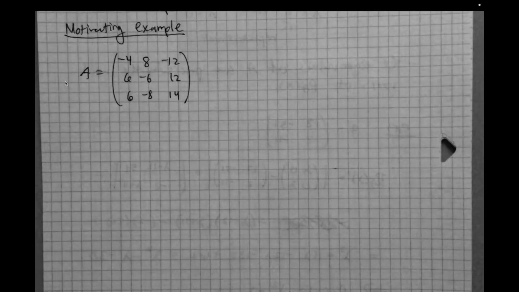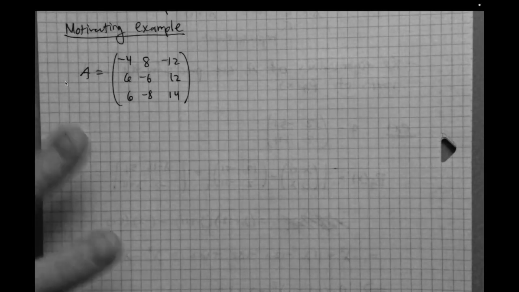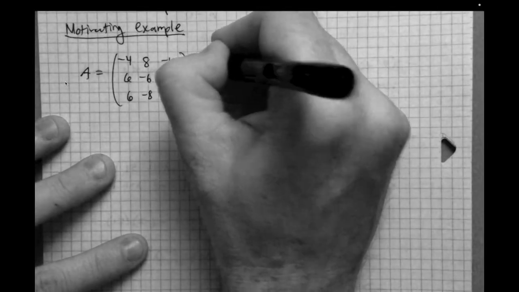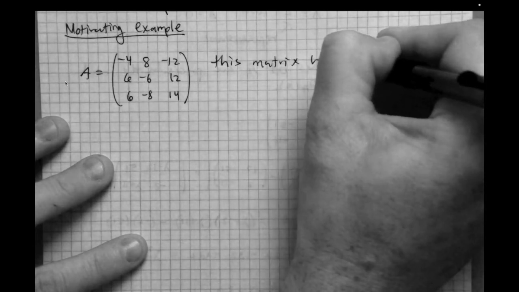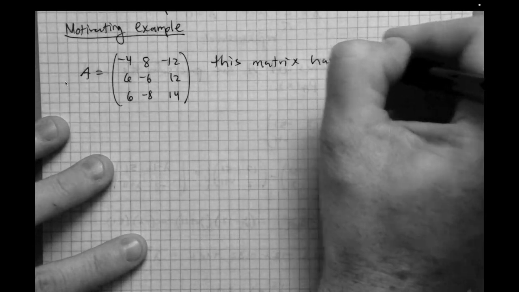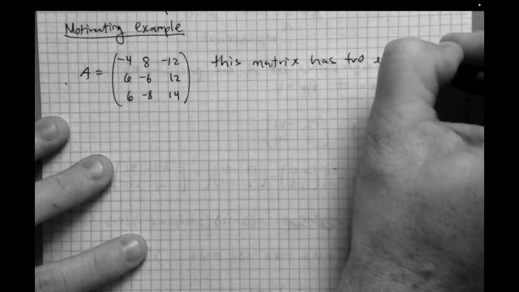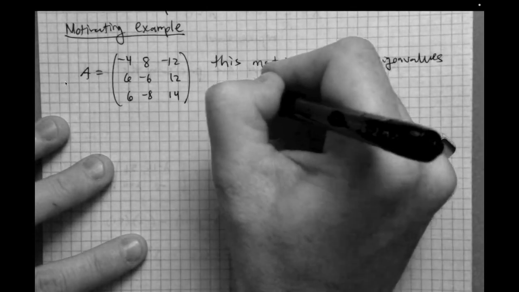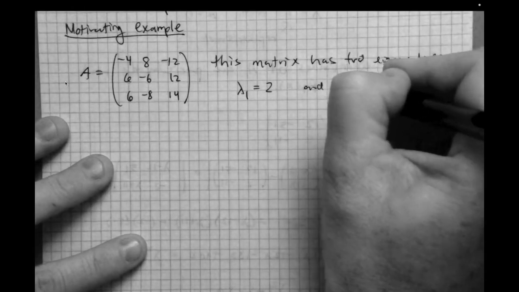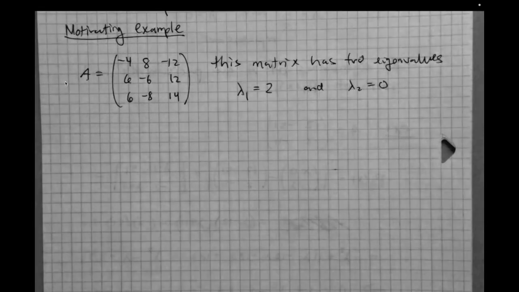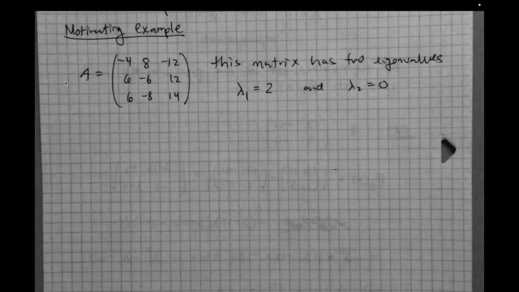Now we saw earlier that this matrix has two eigenvalues. The first one was λ1 equals 2, and the second one was λ2 equals 0. And we found eigenvectors to go along with these.